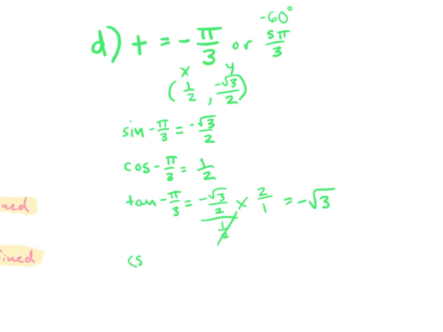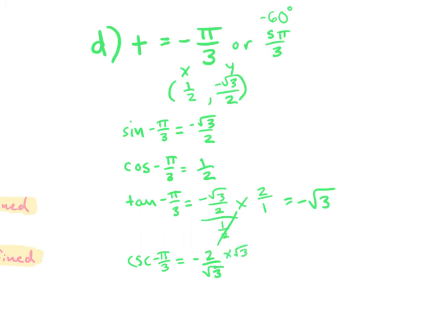All right, next we have cosecant. What's our cosecant? One over y, or we can just flip the sign. So we have negative square root 3 over 2. This would become negative 2 over square root 3. What do we have to do next?